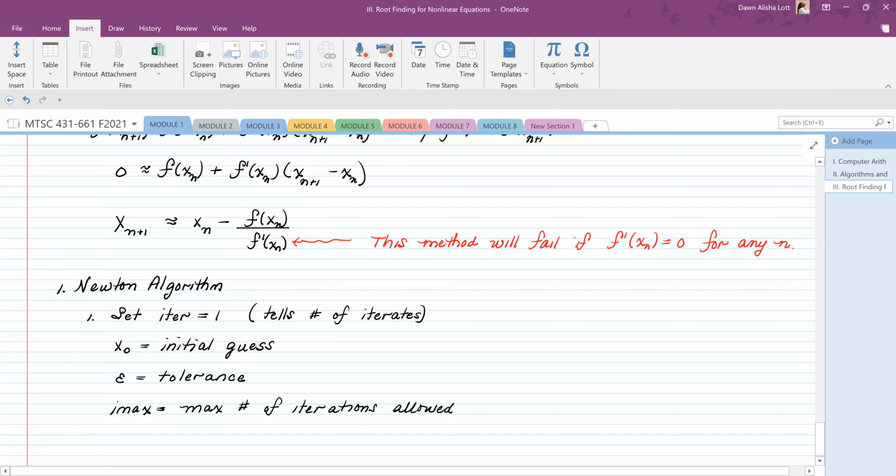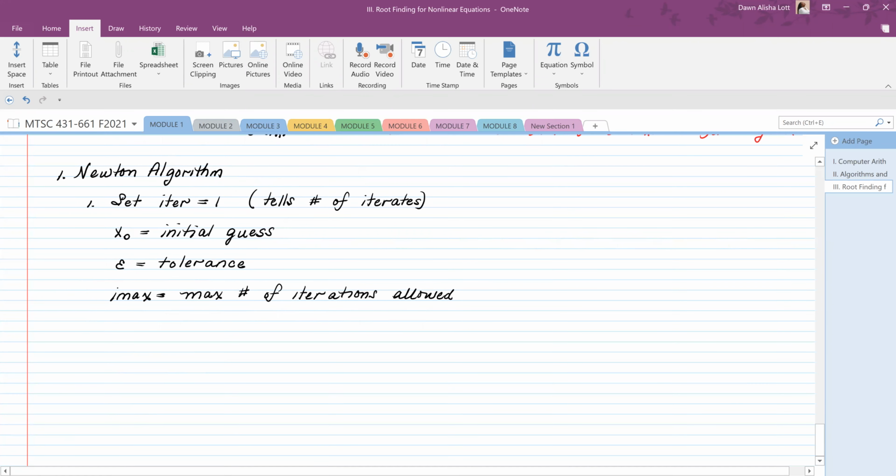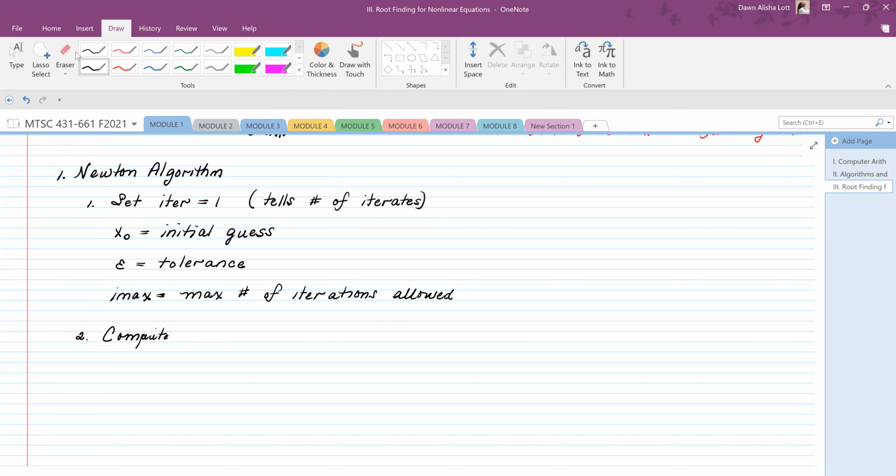Okay. So now that we've gotten that, number 2, we need to actually calculate or compute f prime of x naught.